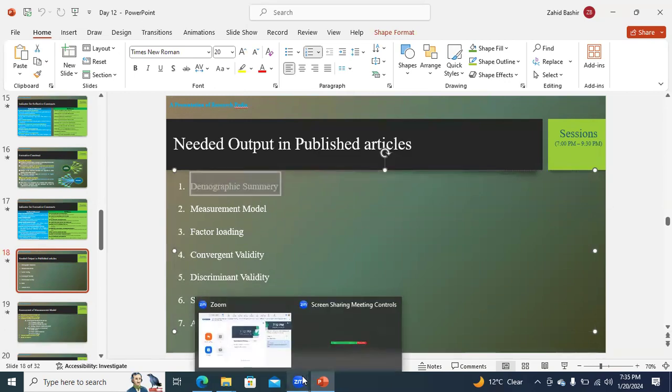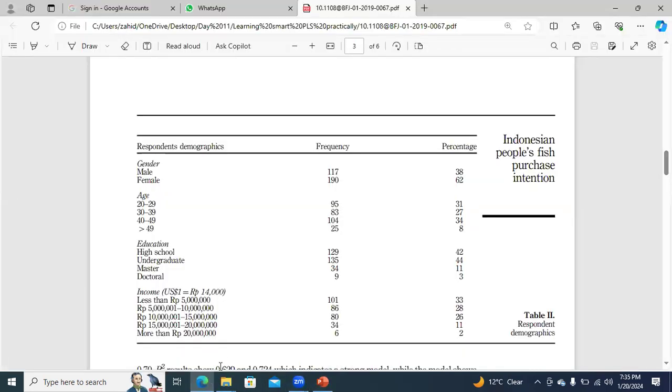Demographic summary means the respondent summary, from where you have collected data: how many were male, how many were female, what is the percentage of males that responded to your questionnaire, or you can say survey. Here it indicates that 38% were male and 62% were female in the survey.